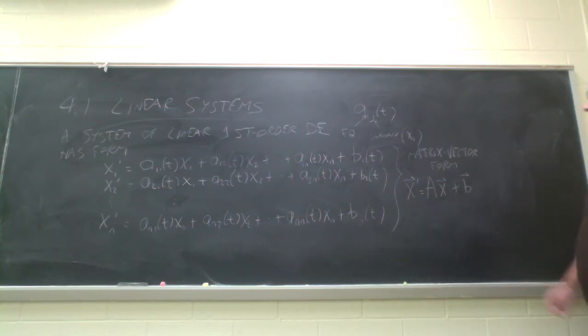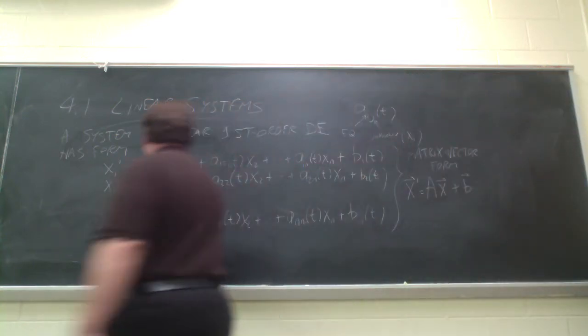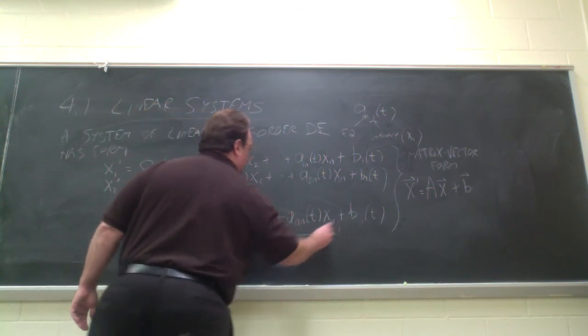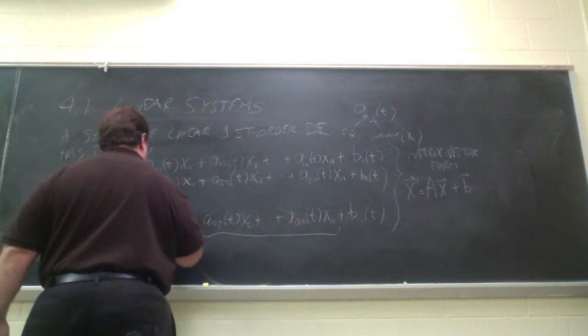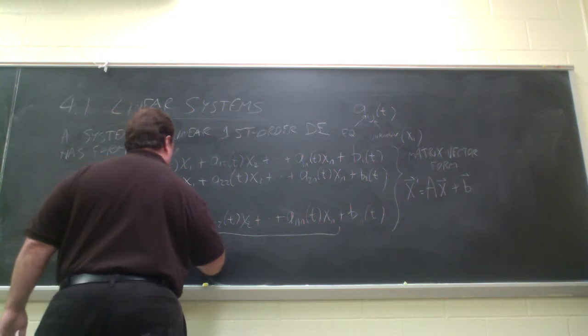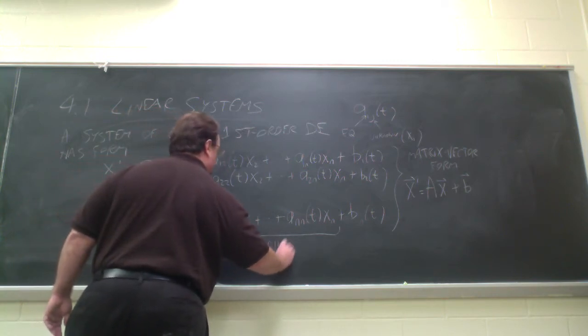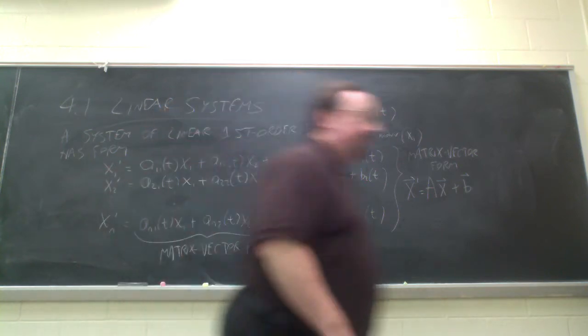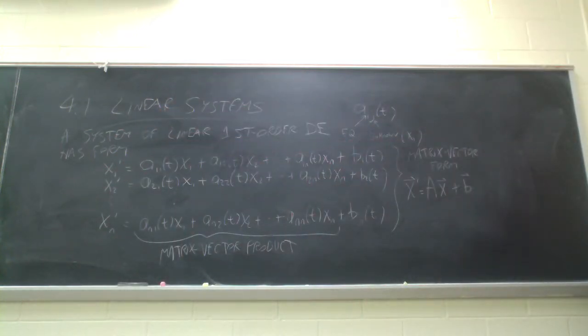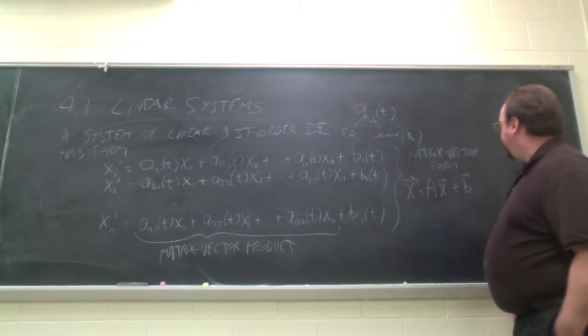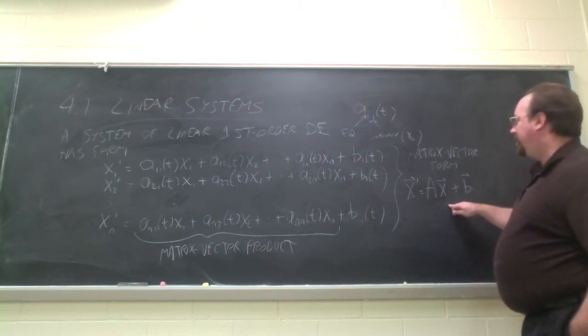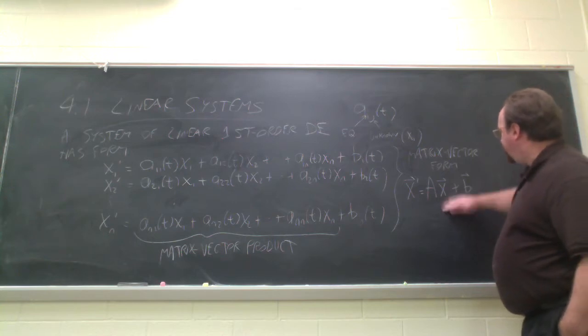So what's happening over here, this part, this is actually a matrix vector product, like the sort of thing you would have done in your linear algebra class. And actually, I need to include the t dependencies in here.